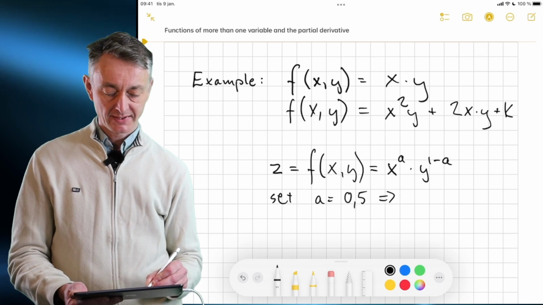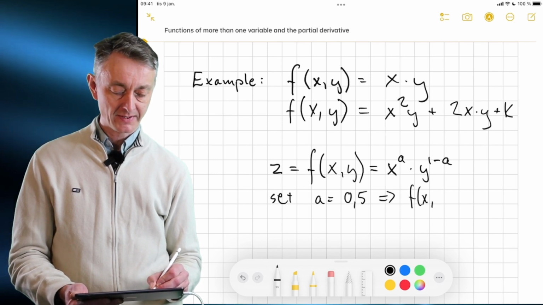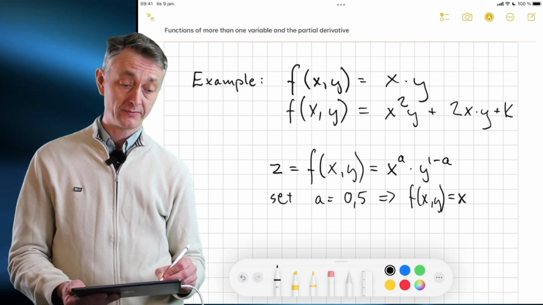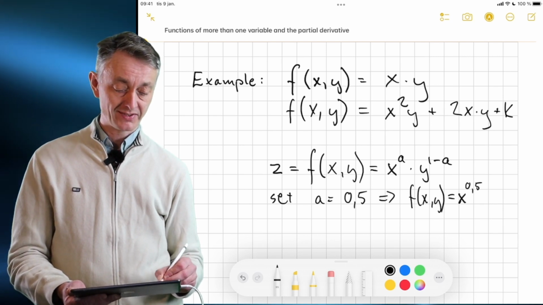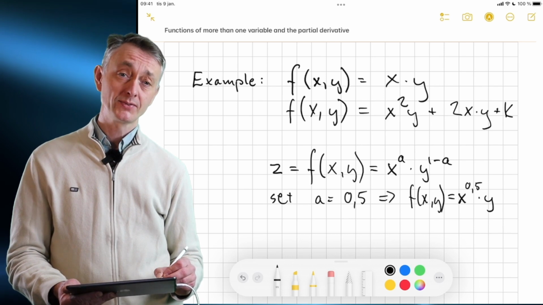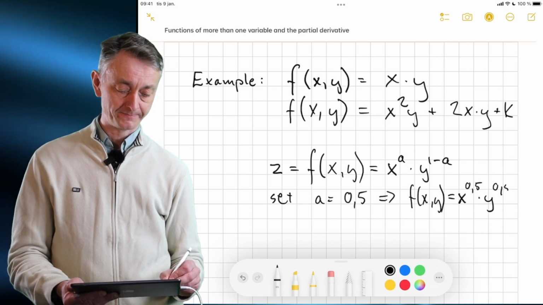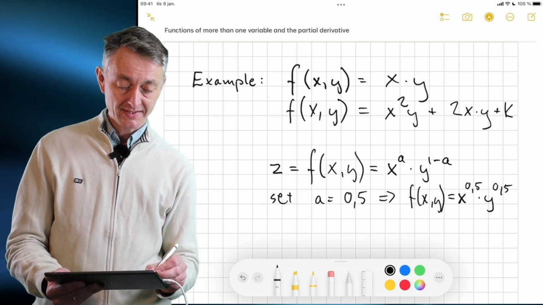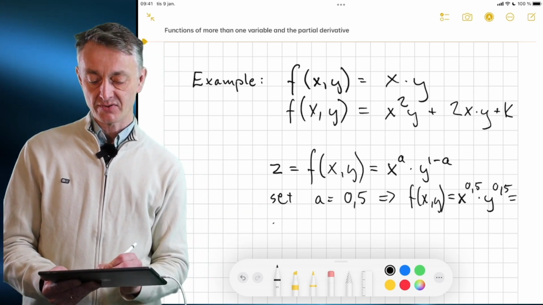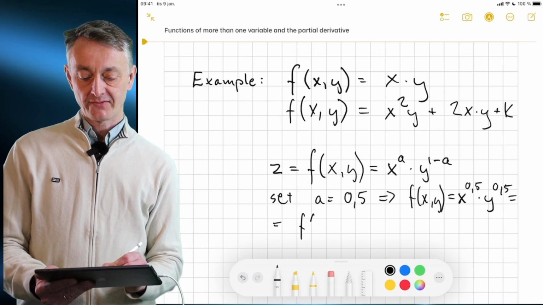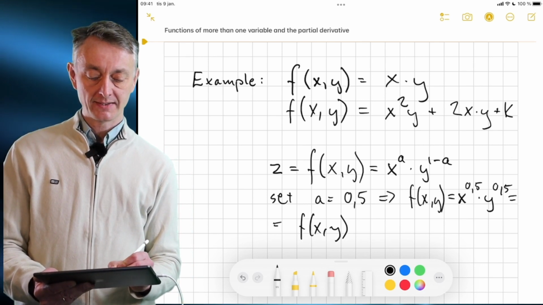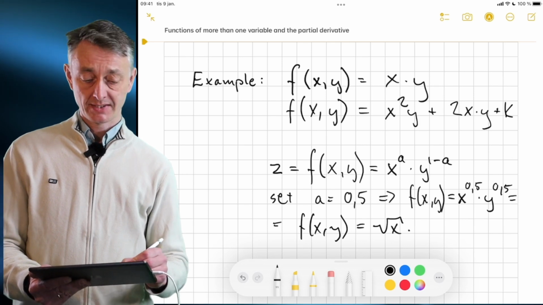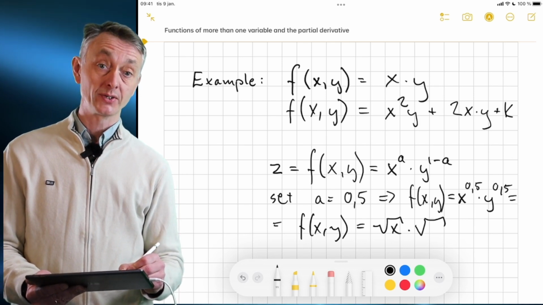Then we know that f of x and y is equal to x to the power of 0.5 times y to the power of 0.5. And you all know by now that this is the same thing as writing f of x, y is equal to the square root of x times the square root of y.